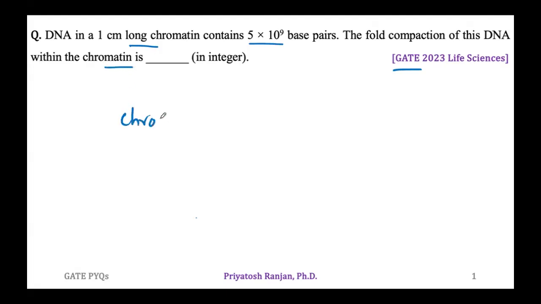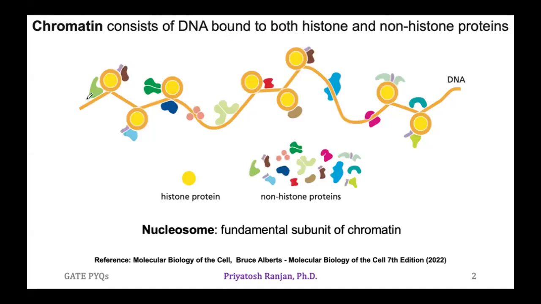So as we all know, chromatin is a complex of DNA and proteins, and these proteins are either histone or non-histone proteins. So as you can see here, this is the DNA and this is associated with histone proteins as well as non-histone proteins.